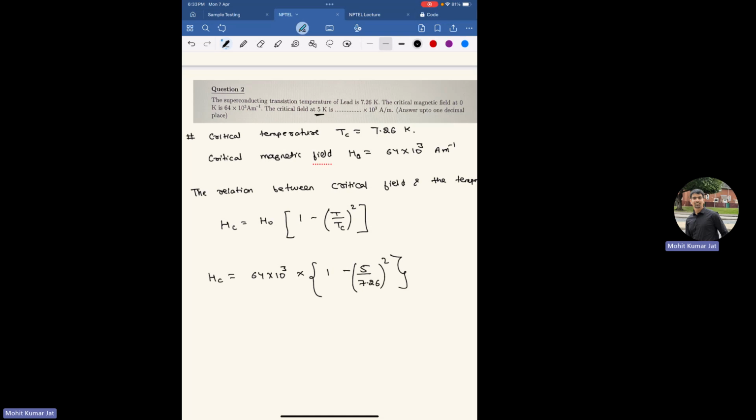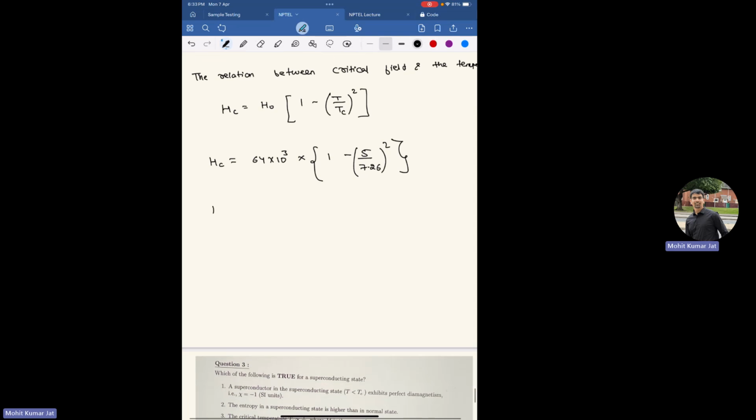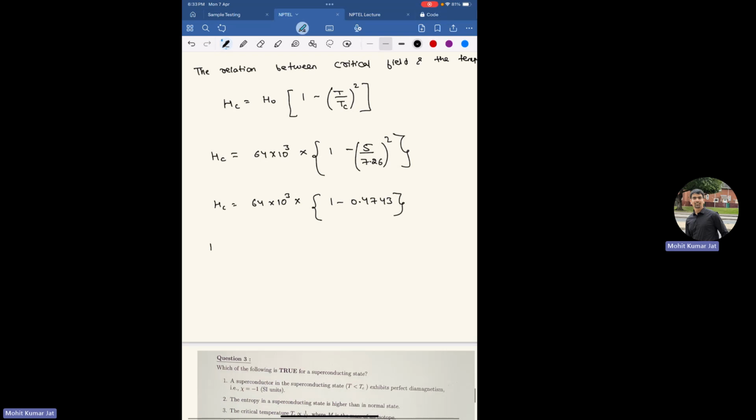So if I solve this, 5 divided by 7.26 is 0.6887. The square will be 0.4743. So Hc is equal to 64 into 10 power 3 times 1 minus 0.4743. So subtract from 1 and multiply by 64, you will get 33.64.